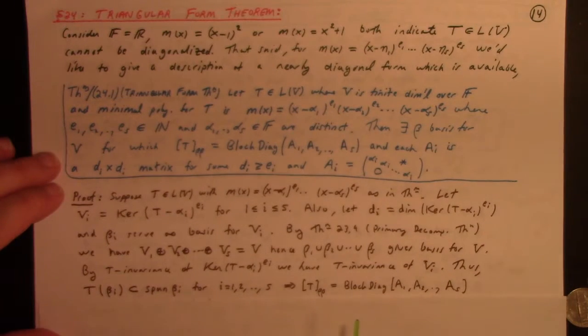And, well, if you think about what that means in terms of the shape of the matrix, it's very revealing, right? For like the first one, vectors taken from beta 1 are just mapping back into beta 1, right?